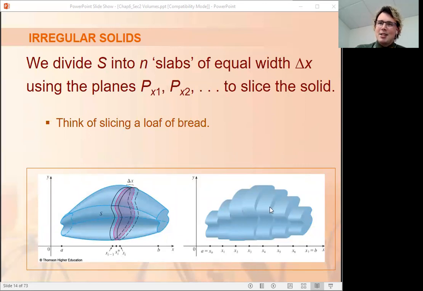At each slice here, it looks a bit odd because I've lost my smooth top, my smooth shape to this loaf. What is going on is that we have just assumed that the slice is the same shape the whole way through. So this slide is calling these slabs.